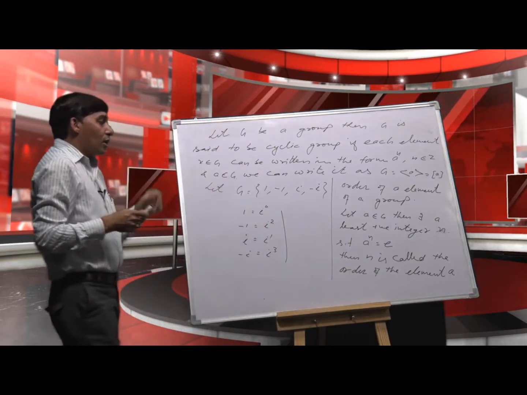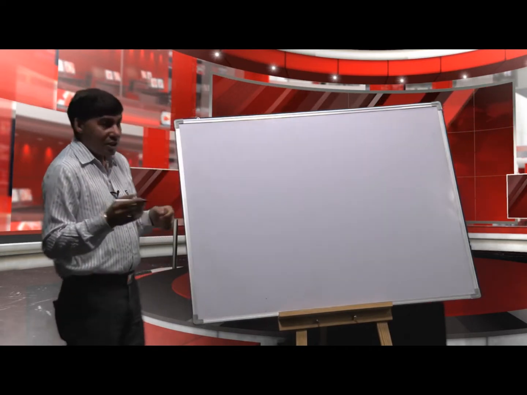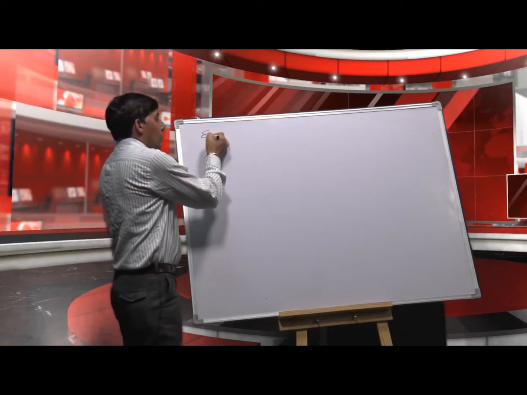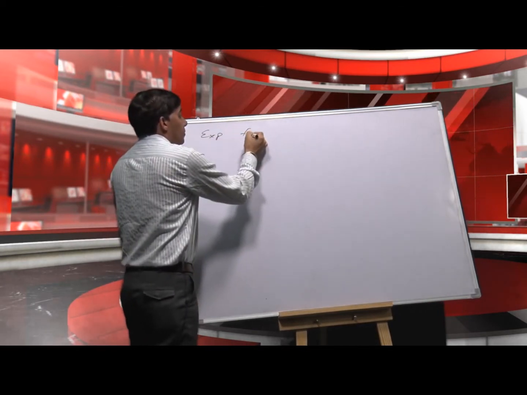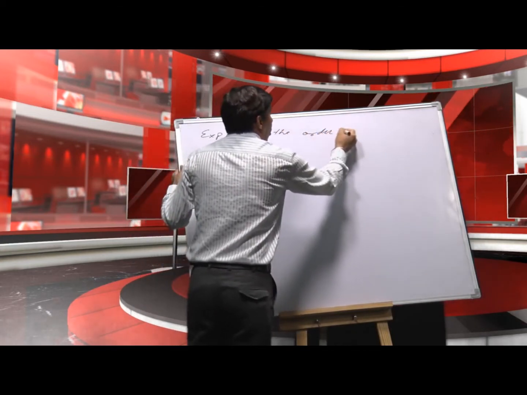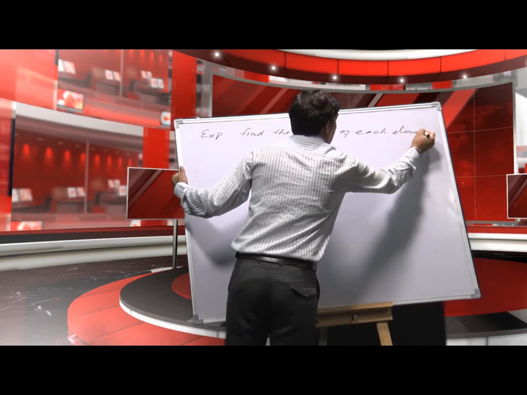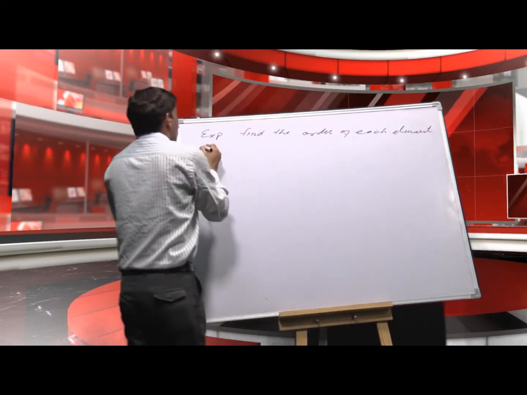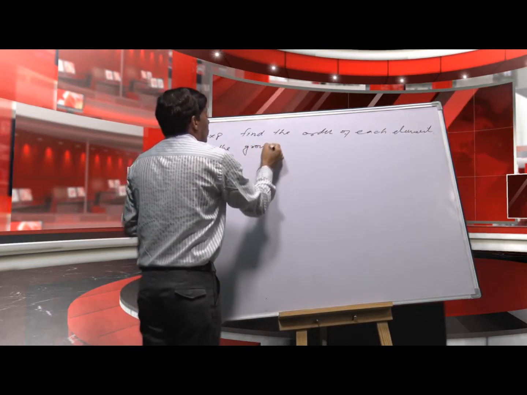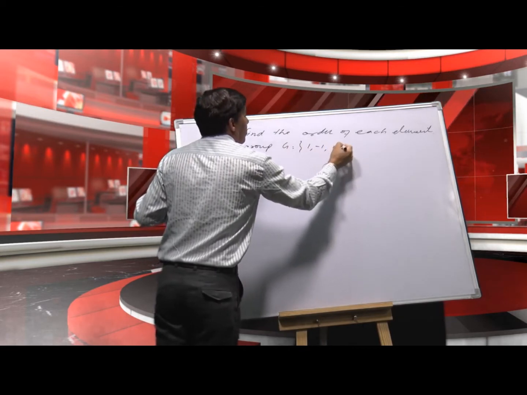We can find the order of each element of this group. We will discuss the order of an element with the help of an example. Find the order of each element of the group G is equal to {1, minus 1, iota, minus iota}.